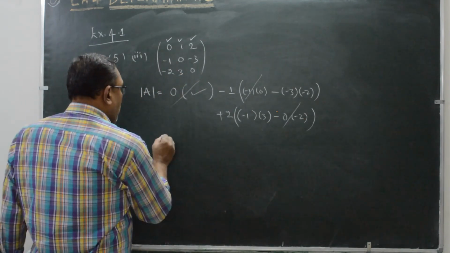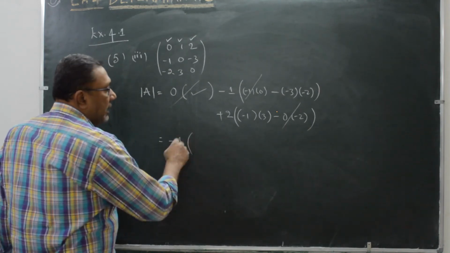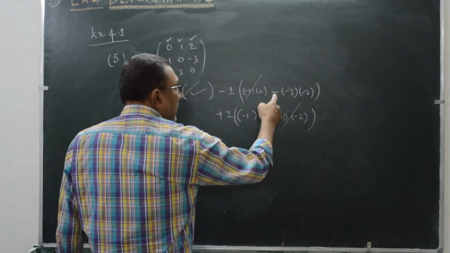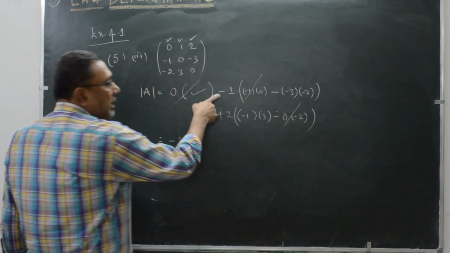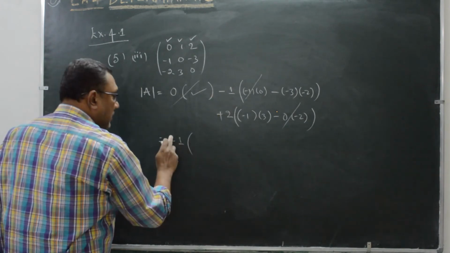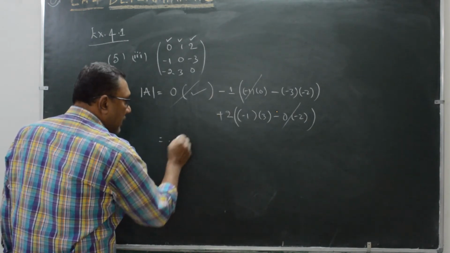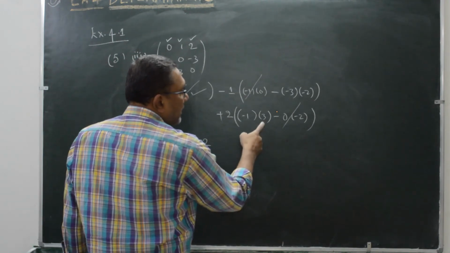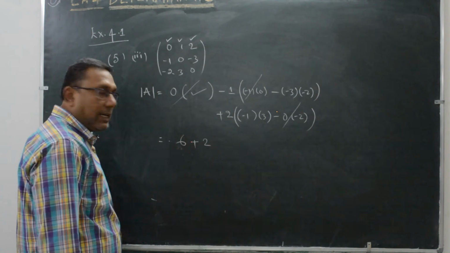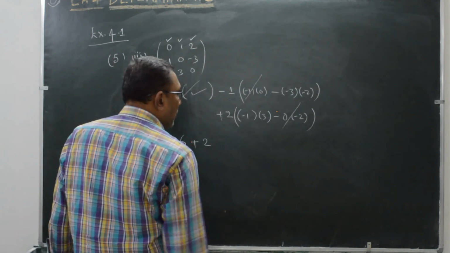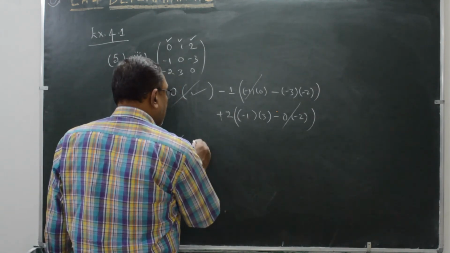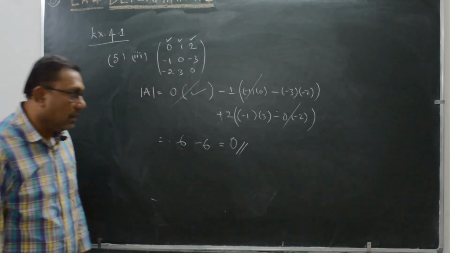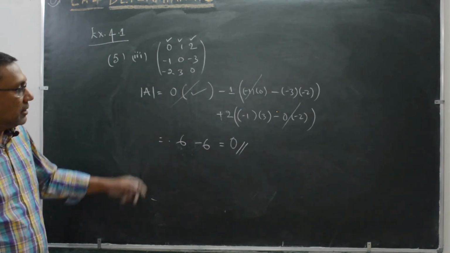So, by simplifying, I will take the minus 1, and this minus into minus is plus 6, and there is a minus also multiplied with this minus. So, this will become totally 6 here, plus 2, I will take 2, minus 1 into 3 is minus 3, multiplied with plus 2, it will be minus 6. Therefore, the determinant value of this particular 3 by 3 is 0, right.